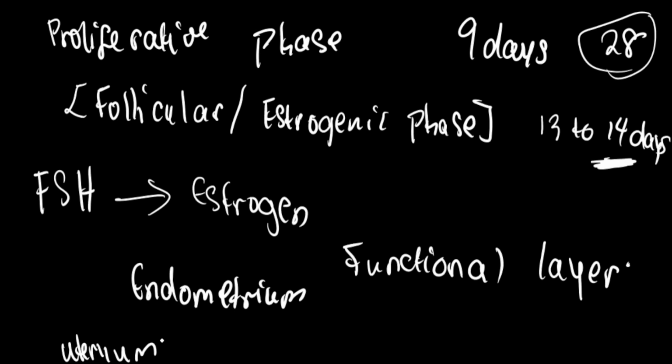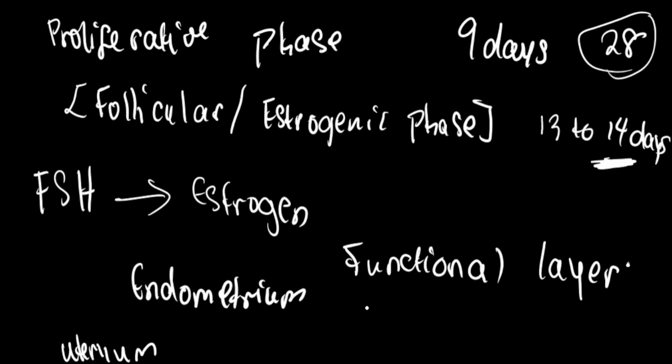However, the endometrium is a mucous membrane, so we have mucus glands. In the proliferative phase, these glands become longer, they develop. However, it's just proliferation involved in this phase. The cells or the glands do not secrete. What we just have is proliferation. Very important.